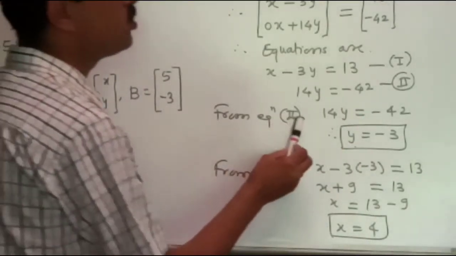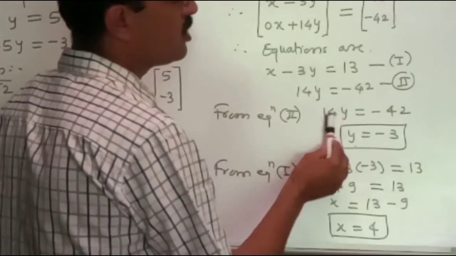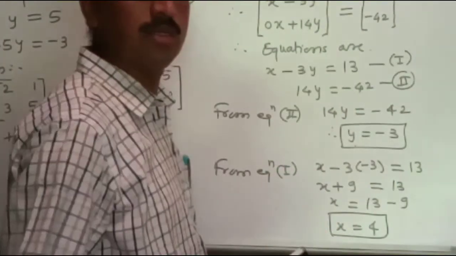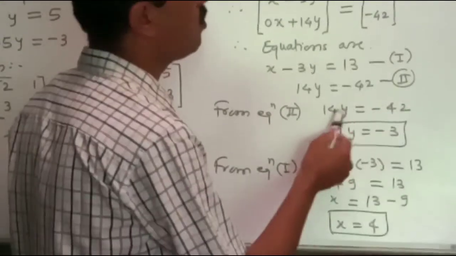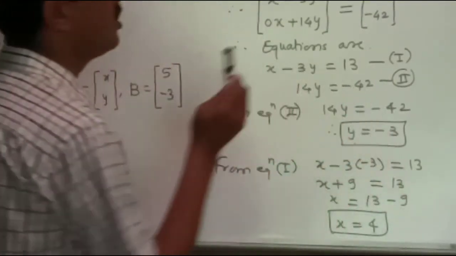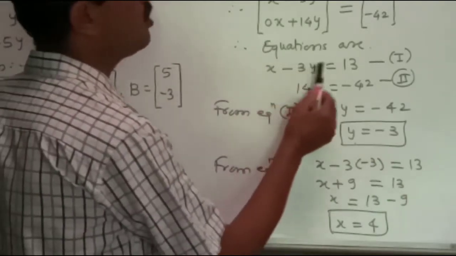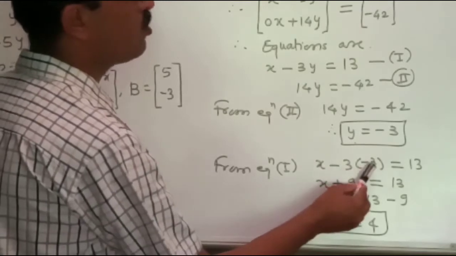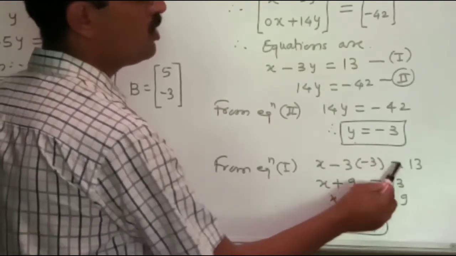So from equation 2, 14y is equal to minus 42. Therefore y is equal to minus 3, that means minus 42 upon 14, minus 3. Now put this value y is equal to minus 3 in equation 1. Equation 1 is x minus 3y is equal to 13. So x minus 3 into minus 3 is equal to 13.